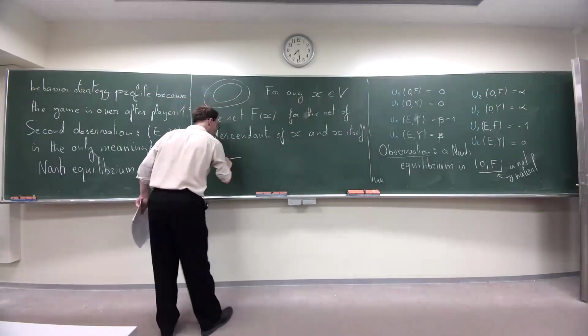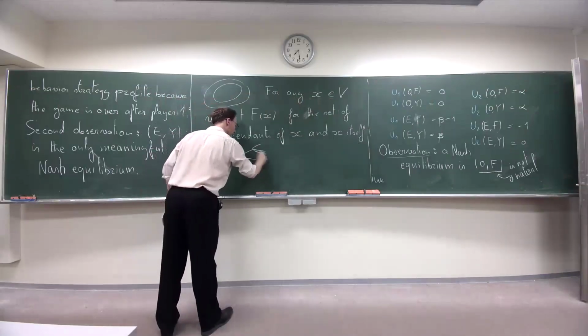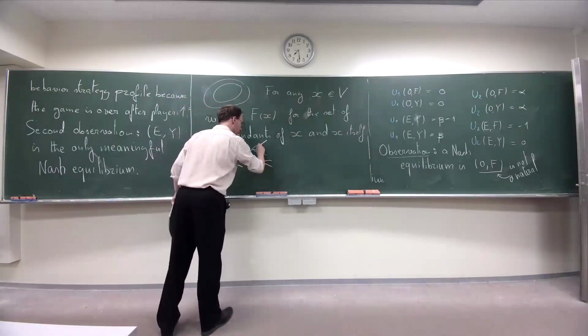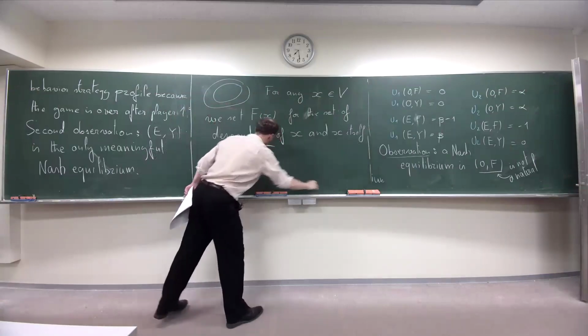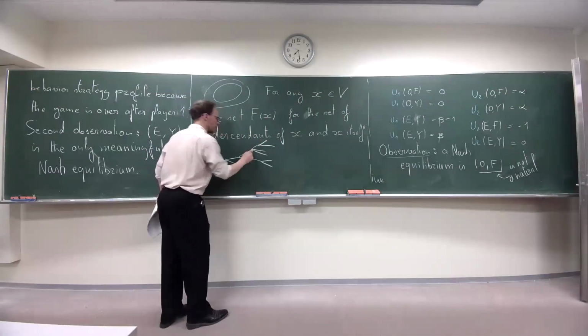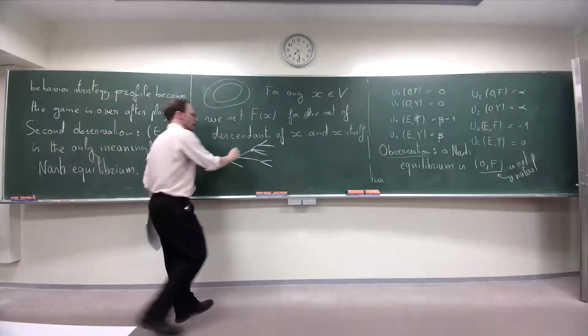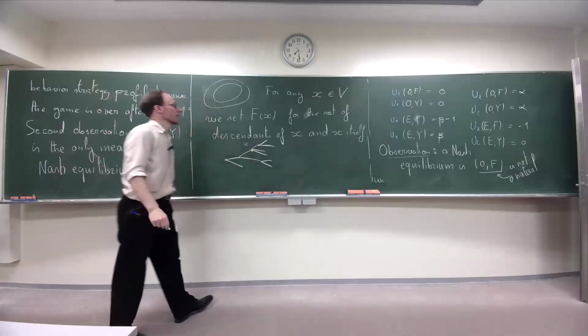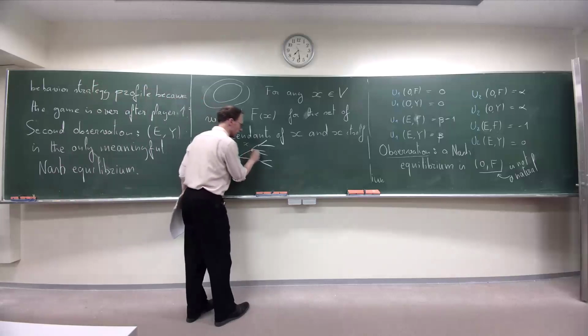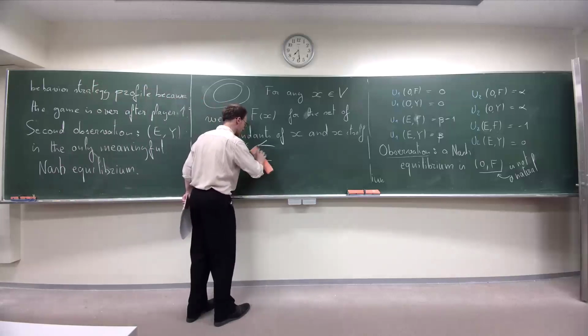You draw a tree, you choose an x, and what is f of x is a set of vertices first.